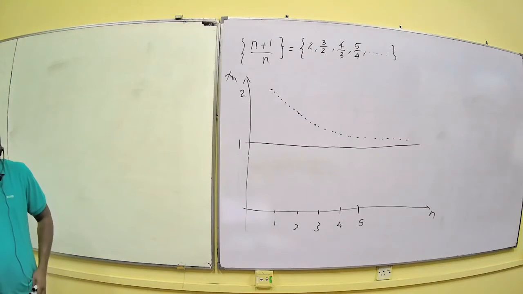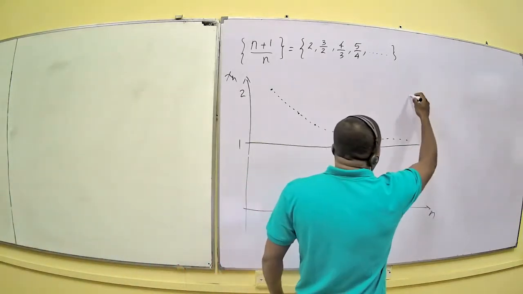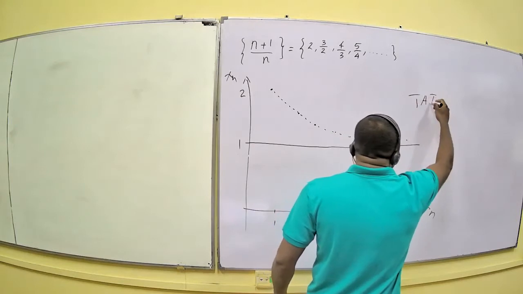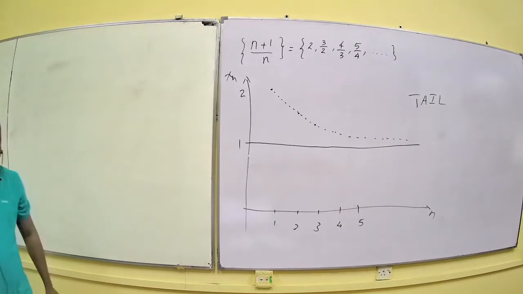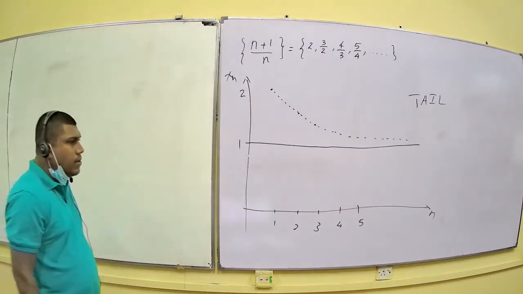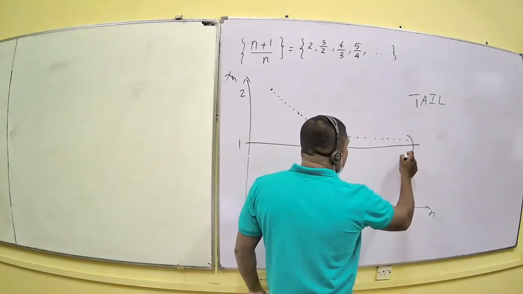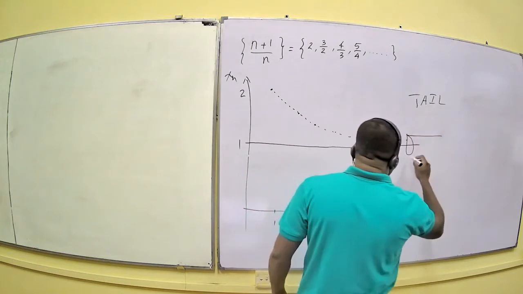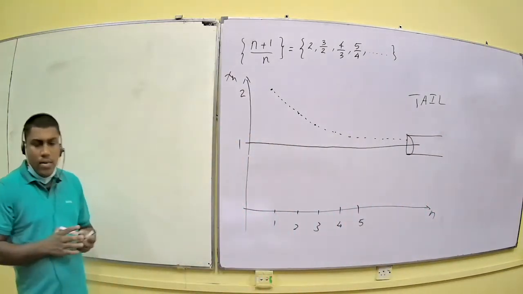So how do we formally define this? The idea of defining this is, when you look at the tail of the sequence, when n becomes large, what we do is we draw a tube around 1.